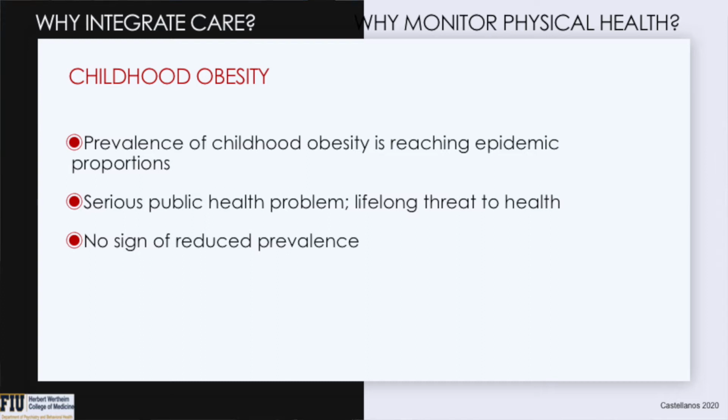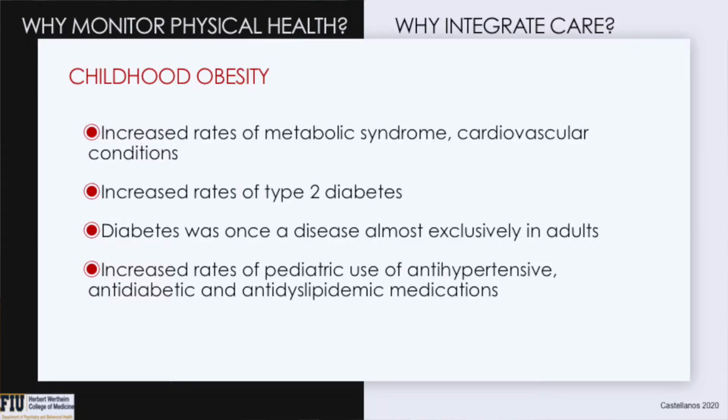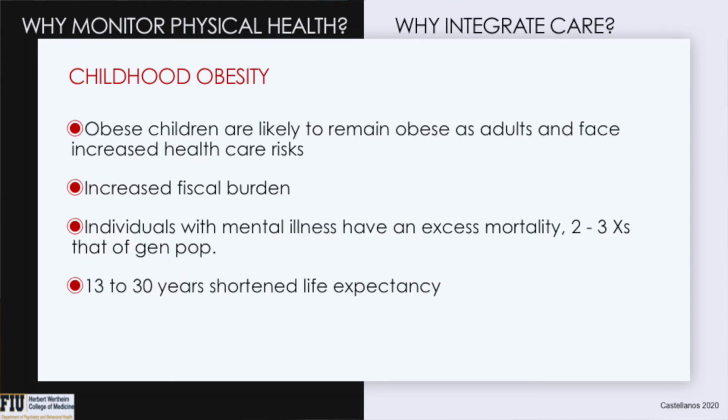So if that child is overweight or obese, there is now increasing evidence about how that transfers into adulthood, and all the resulting consequences or complications of that, including all your metabolic syndrome, cardiovascular syndrome, whereby many years ago diabetes was much more an adult disorder, and how the prevalence of diabetes in childhood and adolescence has really increased, along with the use of medications that were somewhat more exclusively within the adult domain now being used with kids as well.